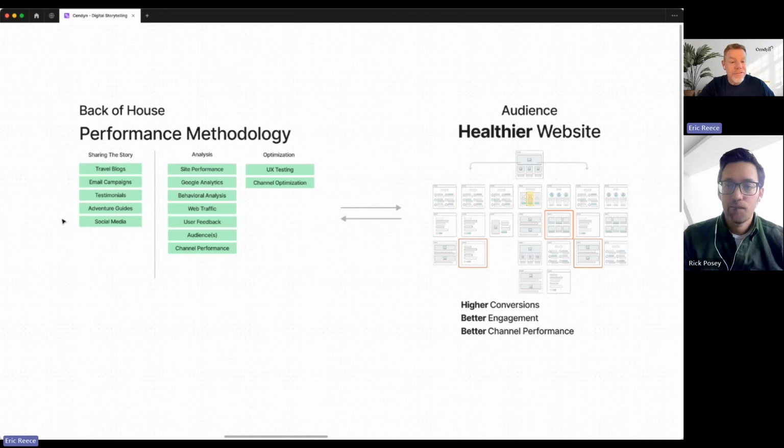So it's different for every hotelier. No, that's right. Some may lean heavily into testimonials because they feel like that's a really good way to connect with their audiences. Travel blogs are always important to destination properties, getting people excited about what they're going to do while they're on the property or around the area.